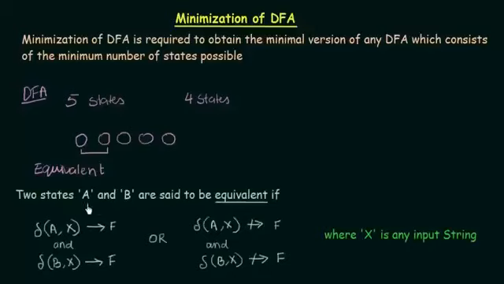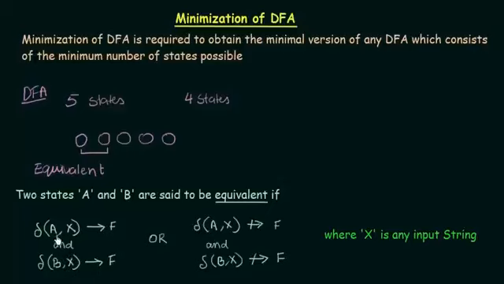2 states A and B are said to be equivalent if A on getting a particular input string X, here X is any input string, goes to a final state, and at the same time state B also on getting that same input string goes to any of the final states.